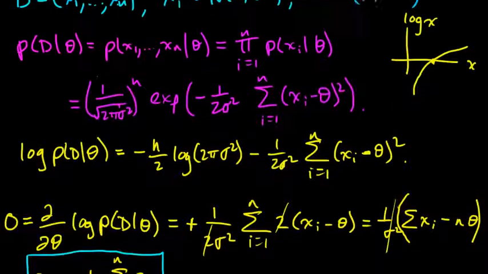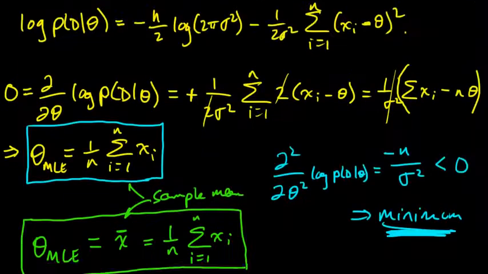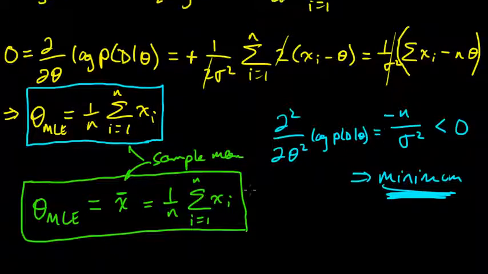Our assumption was that we had a normal distribution with mean theta. So when we get all of our observations, the maximum likelihood estimate for the mean says just take the average. And that's what this does. So this is a nice example of a very easy to compute maximum likelihood estimate, and also one which has a very natural interpretation as the sample mean.